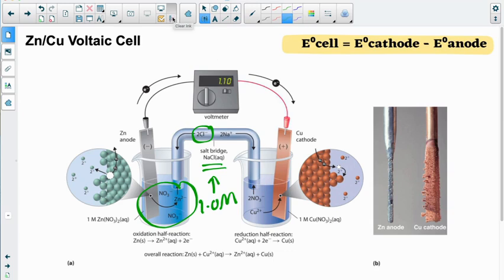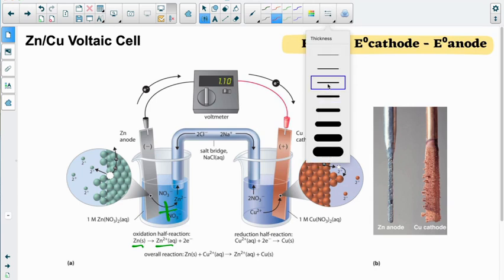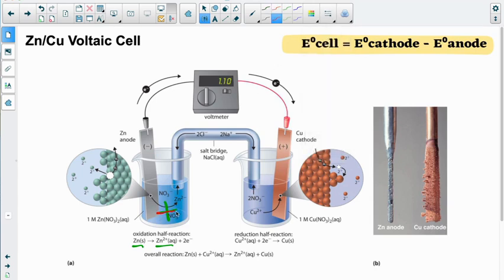And the purpose of that is to obviously complete the circuit, but it's also to maintain what's called half cell neutrality. What that means is, in this particular solution here, as we are converting solid zinc into zinc 2 plus ions, this solution starts to become positively charged because I am dumping a whole lot of zinc 2 plus ions here from this zinc metal. And on this side, as I'm getting rid of copper 2 plus ions to form solid copper, this side tends to become negatively charged.